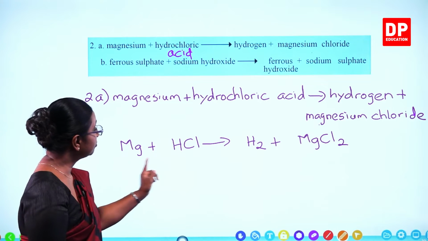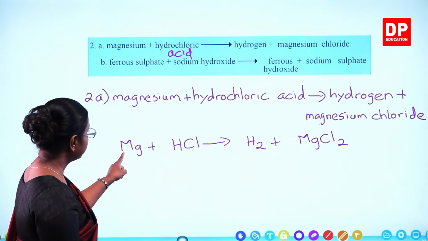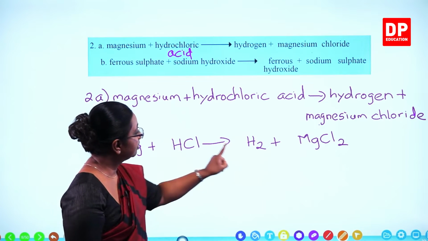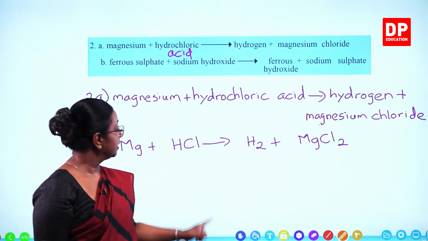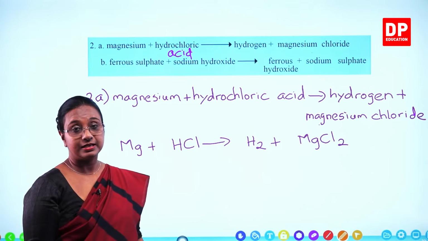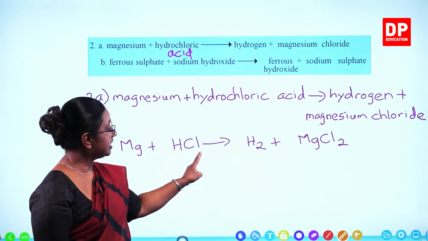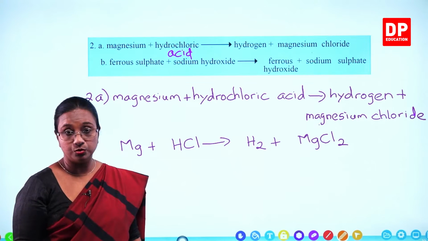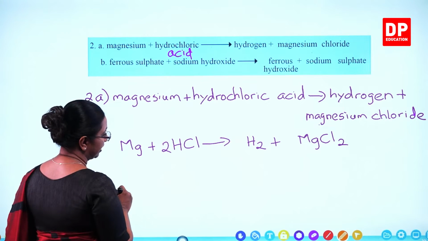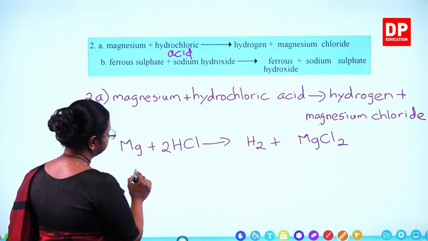So now look at the atoms. Mg 1, Mg 1, correct. H 1 but H 2. Same way Cl 1, here there are 2 chlorine atoms. So both H and Cl have to become 2. So we write the coefficient in front, 2HCl, and check.